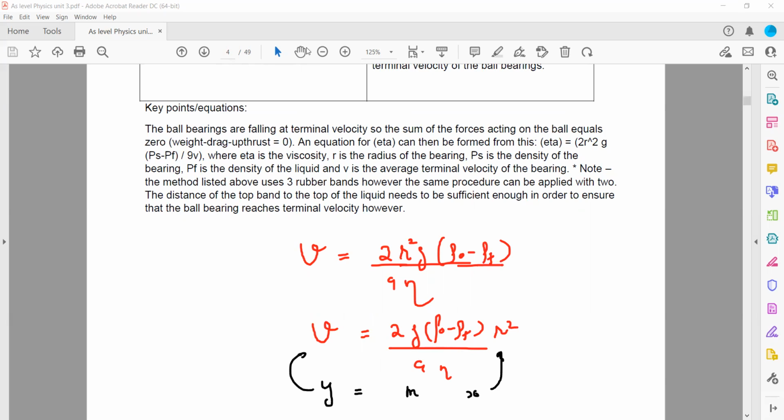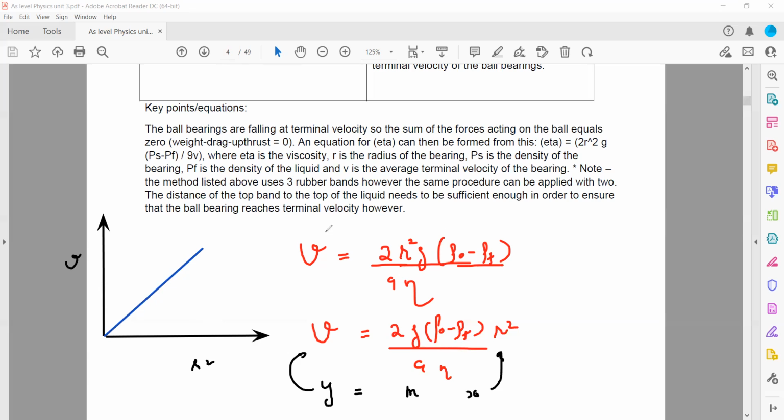As we change the ball bearing, the value of r square will change for different samples. So it will be a straight line because all the other quantities are constants. Even the viscosity of the fluid is constant.